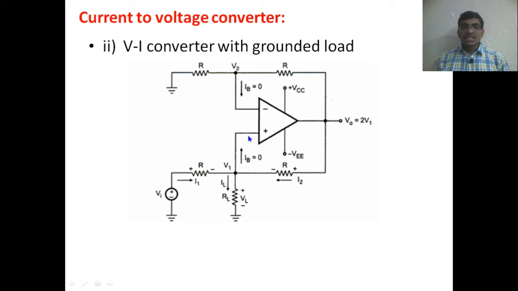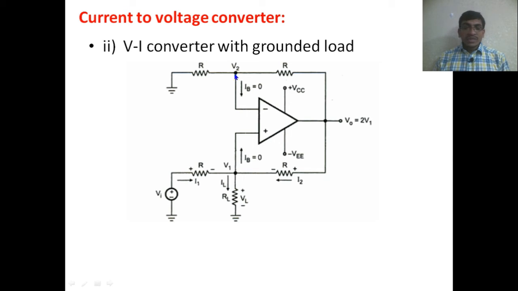This is the operational amplifier. It has a feedback through the resistor R, the feedback path. IB is the current flowing into the op amp, which is 0 at the node.